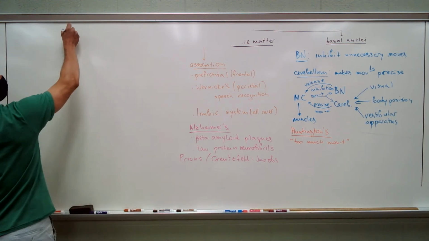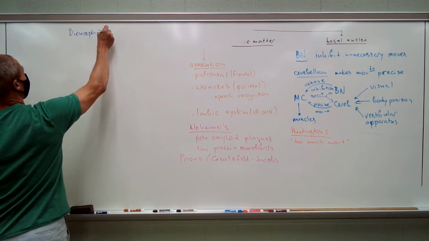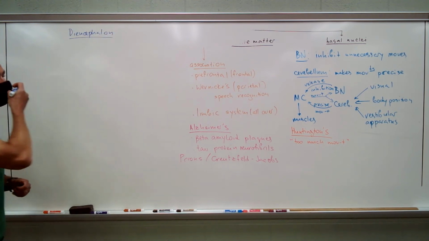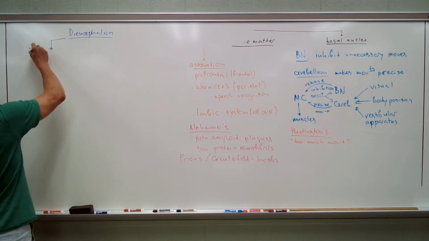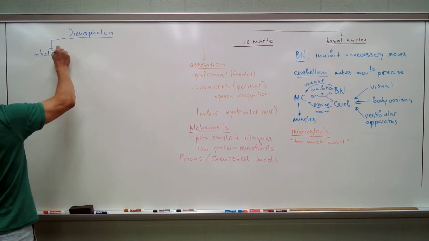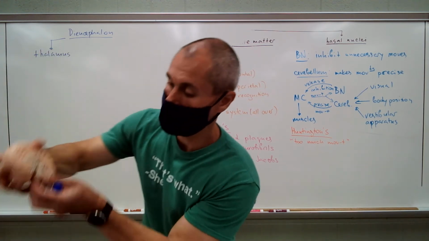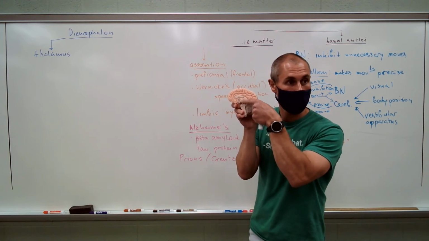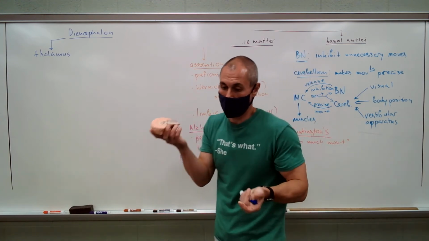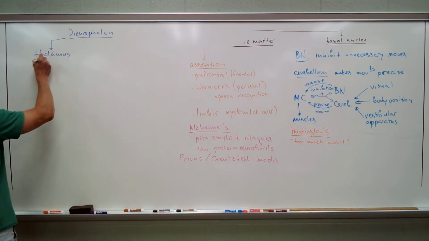So diencephalon. Since this is a review, I'm just doing the key stuff here. Diencephalon is pretty cool. In the center, you've got the thalamus. This central part right here, that's your thalamus. It's a relay.